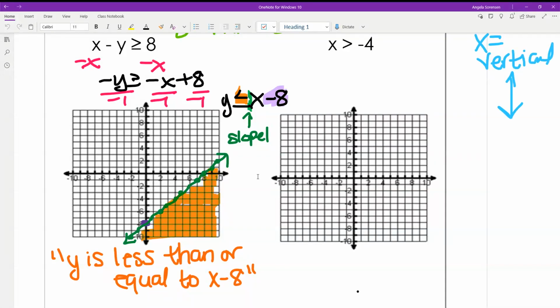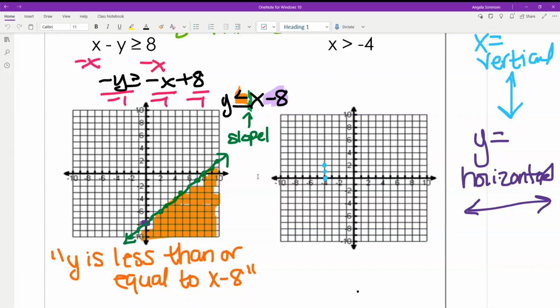And if I have y equals something, that's going to be a horizontal line. If you don't remember that, if I had x equals -4, all of my x values are -4. So I would plot the point -4, 0, -4, 1, -4, 2, etc.